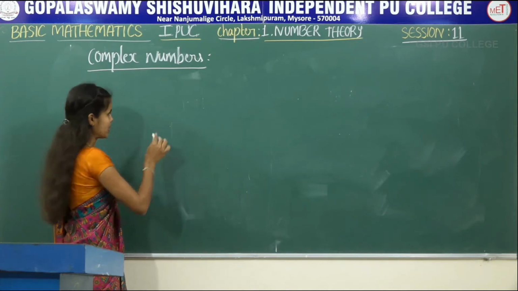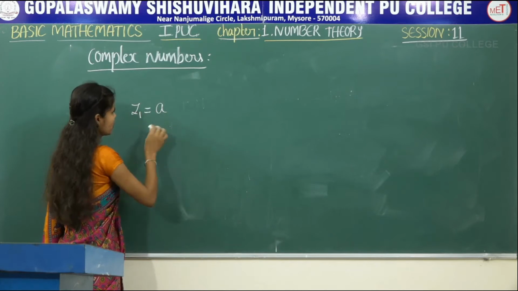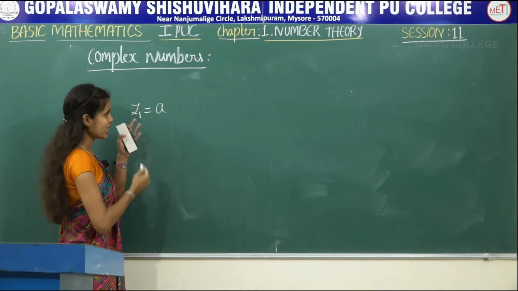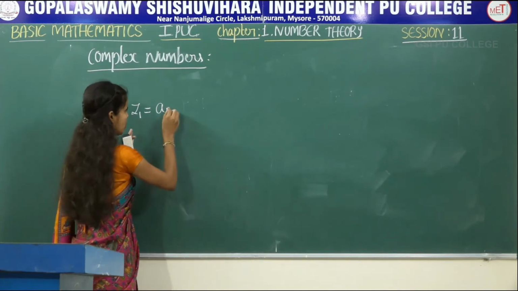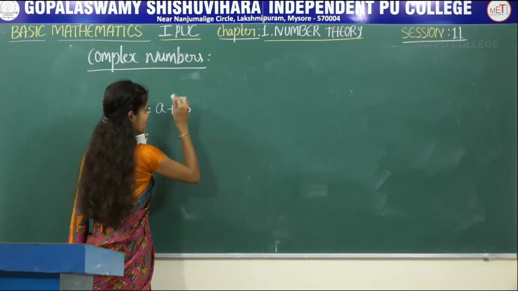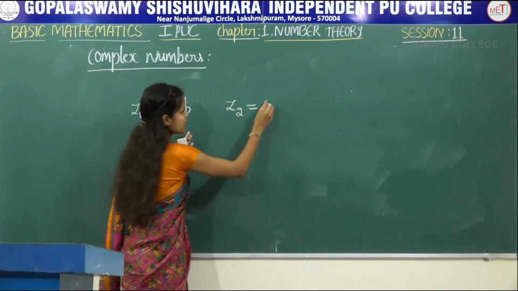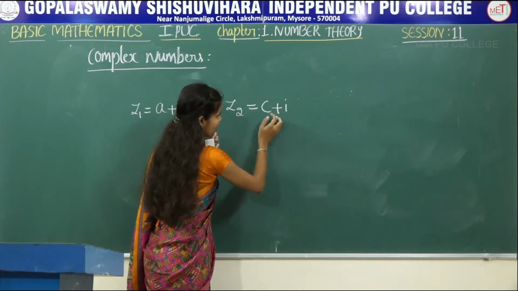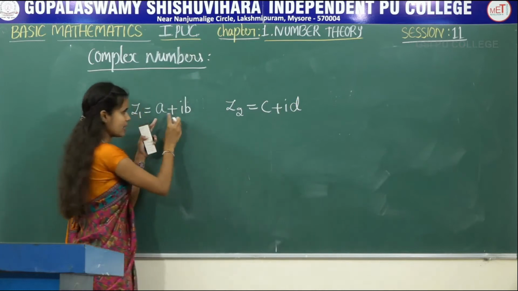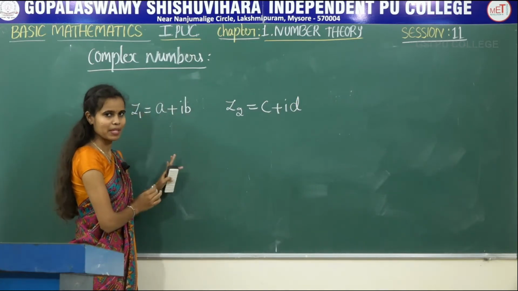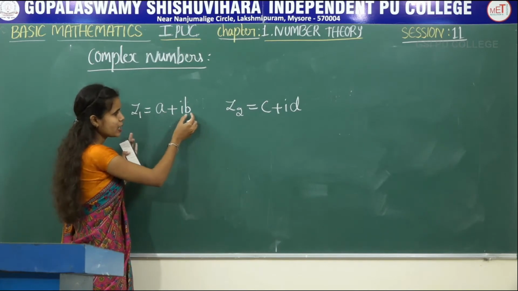So consider two complex numbers. Z1 is equal to a plus I into b. Since I consider two complex numbers, they are denoted by z1 and z2. Consider one more complex number, denoted by z2, c plus I d. A complex number must be in the form of real number plus I into real number.